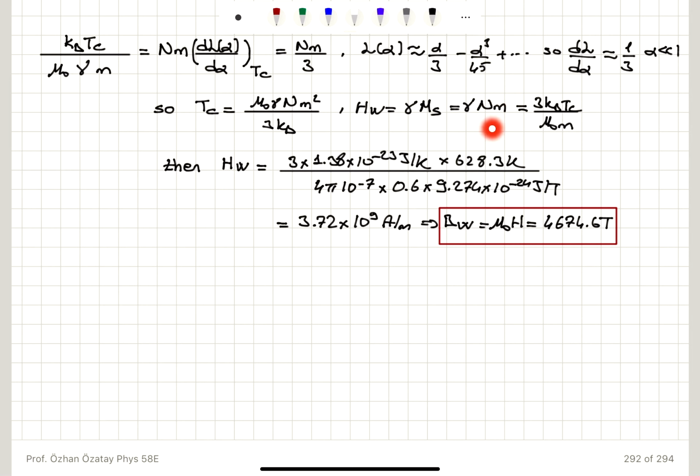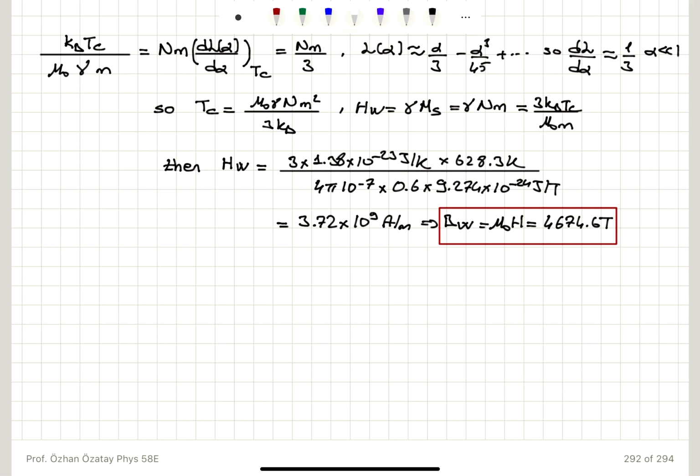This is actually the zero temperature magnetization, but we can approximately take this to be N times m. So that gives us the maximum possible Weiss molecular field that we will see in this case. And this is going to be 3 kB Tc over mu0 m.